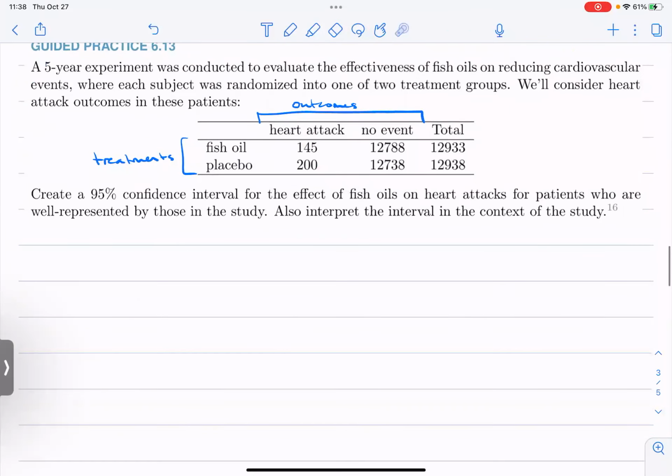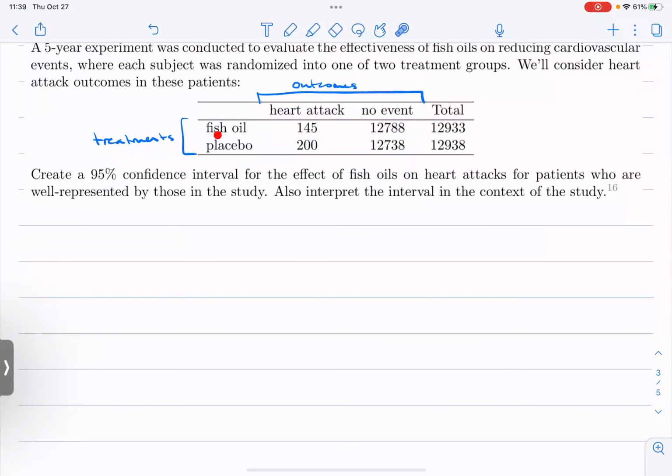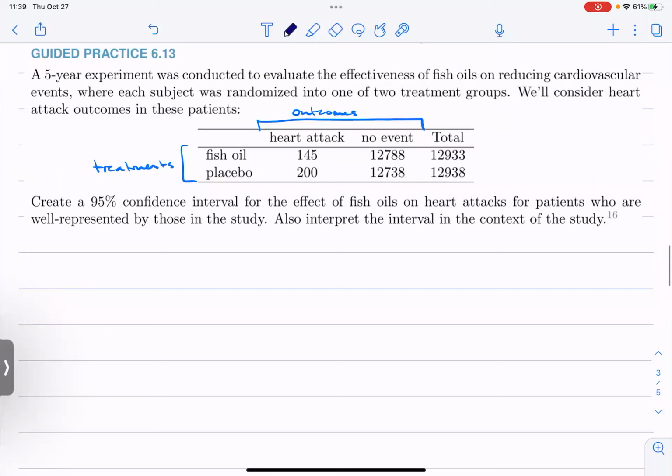So what I'm going to do is my sample proportions are going to be these values out of these totals. These are successes, these are failures, these are my sample sizes. Now, I'm going to let F denote the fish oil group and P denote the placebo, which means I'm going to have a p hat P, which gets kind of weird, but it's the most obvious one.